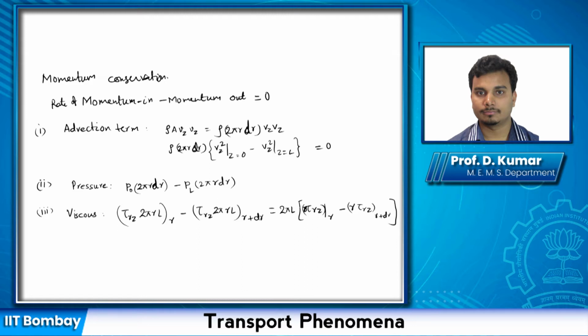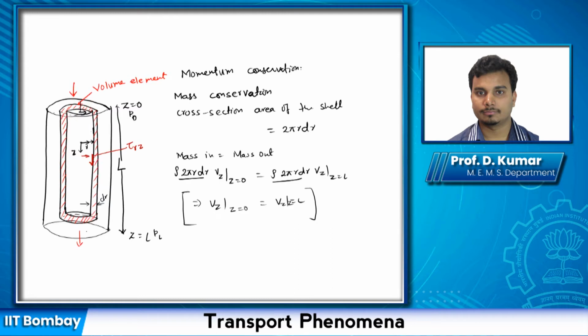So we are just writing this R and tau RZ together. It helps with math. Okay, so are we missing anything else?